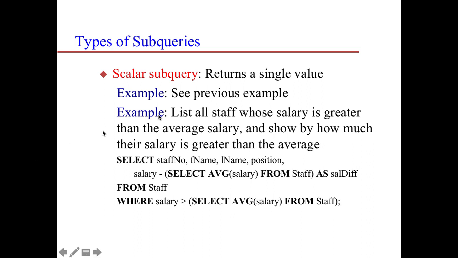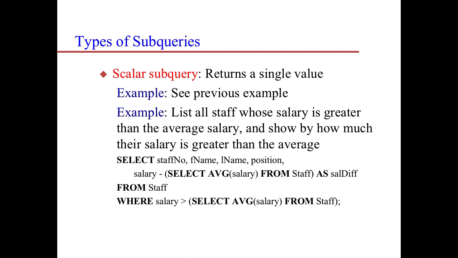In this case, what we want to do is find all staff whose salary is greater than the average salary, not at their branch, actually, but across the entire firm. So we want to find all staff whose salary is greater than the average for all staff, and we want to know the difference.